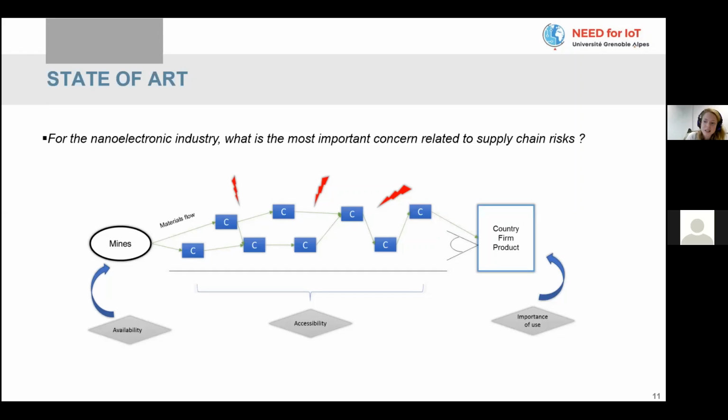The third thing is the availability, the amount of reserve that we have in our earth, the amount of reserve for each metal. So this is the approach that the company had to use so they can secure their supply chain.